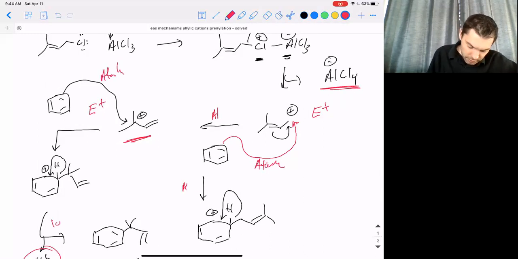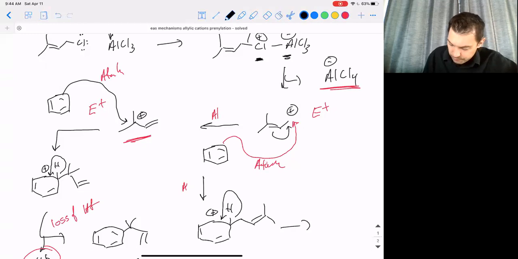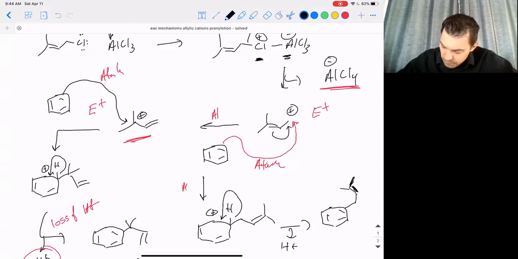And then this is the loss of H plus, and that's what we're going to do here. So loss of H plus. Ta-da! And so just fix that a little bit. And so that'll complete the other possible product over here.